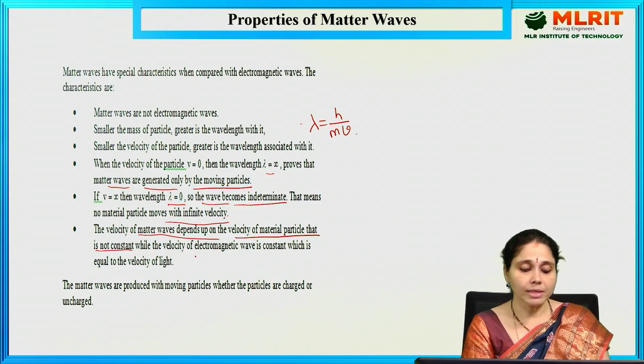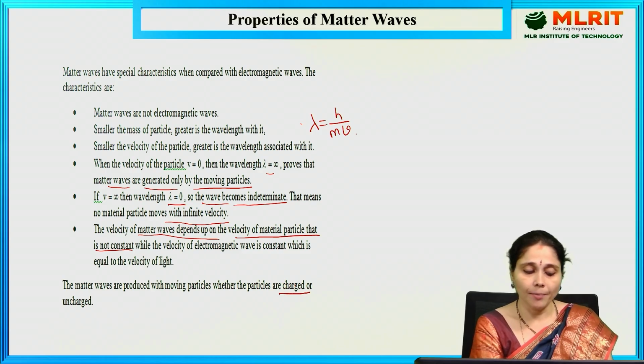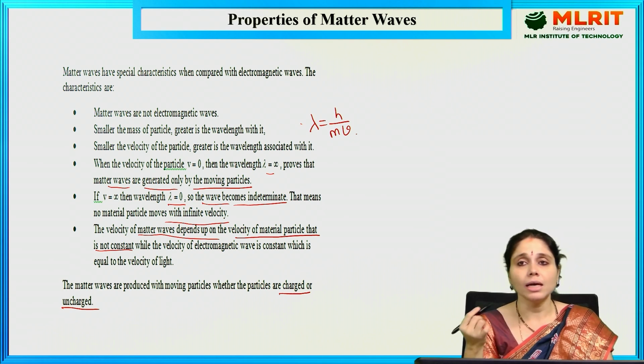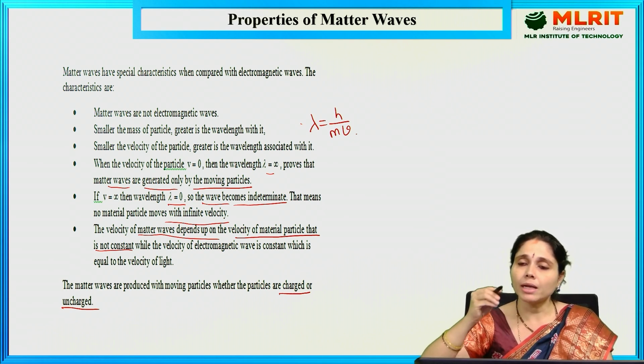Matter waves are produced with moving particles, whether the particles are charged or uncharged. Matter wave is produced with every particle where it is moving.